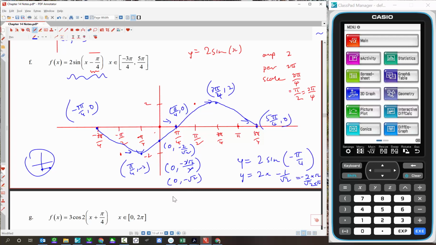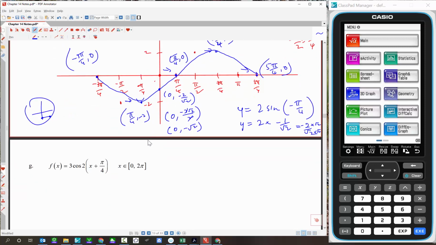So I often see that written like that. Now root 2 is 1.4, which looks kind of okay. All right, so we've got our y-intercept there and all key features.